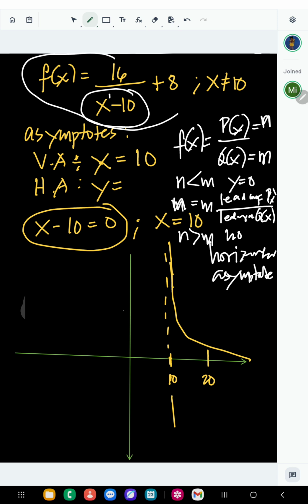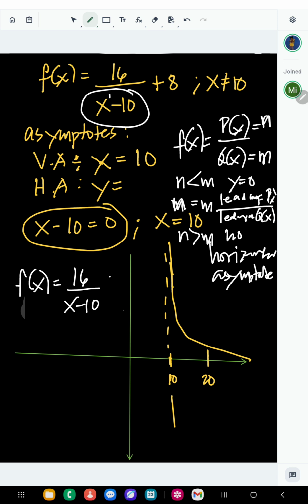Oh, sorry. It's not 16 over x minus 10. We have plus 8. So we can write the function as f of x equals 16 over x minus 10 plus 8.